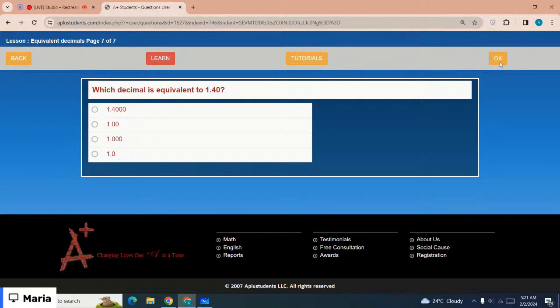Which decimal is equivalent to 1.40? Which is the correct option? The correct option is option number one.